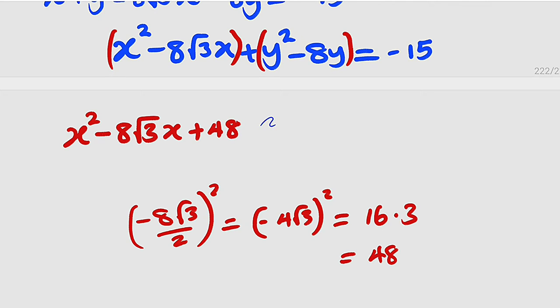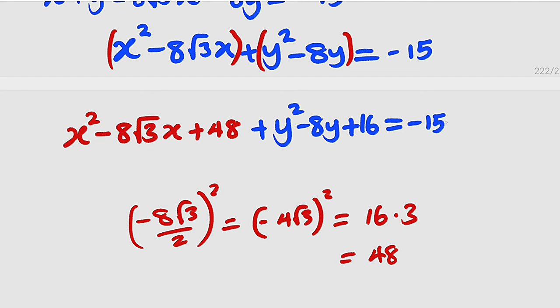Then we'll move to the next one, plus y squared minus 8y. To make this a perfect square, we are going to take half of this, which is negative 4, squared is 16. We add 16 here. But for equivalency, we are going to add the two values to the right hand side. We have negative 15, and we are going to add 48 as well as 16 to make the equation balance, right?